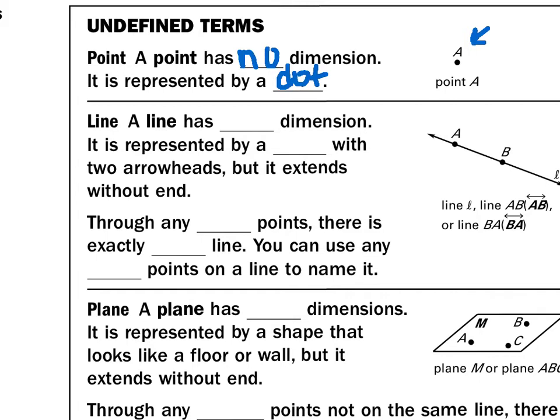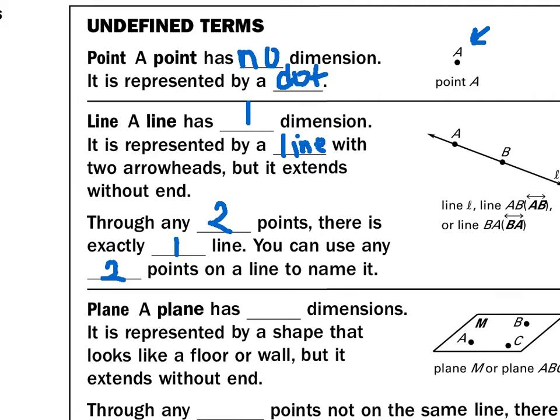Okay, line A has one dimension, the length, is represented by a line with two arrowheads, but it extends without end. Through any two points, there is exactly one line, and you can use any two points on a line to name it.